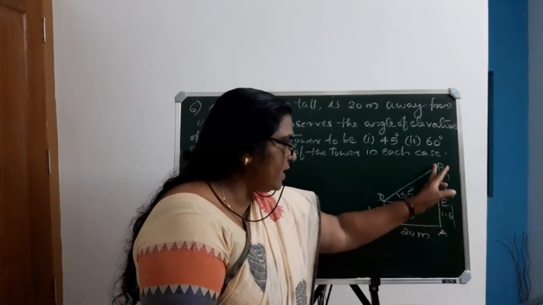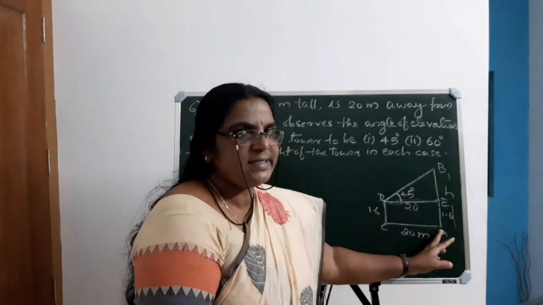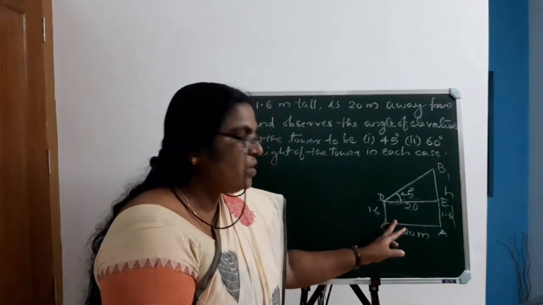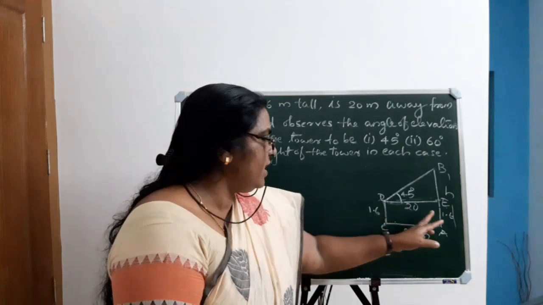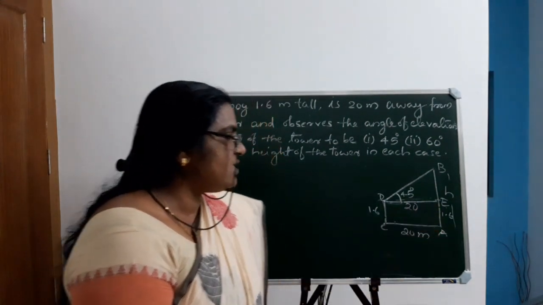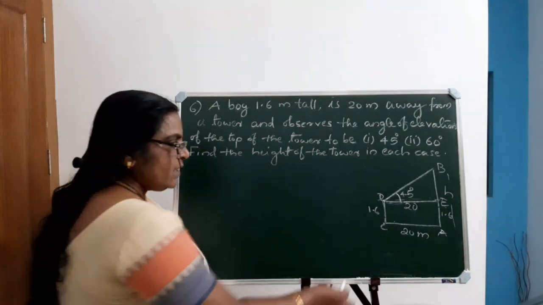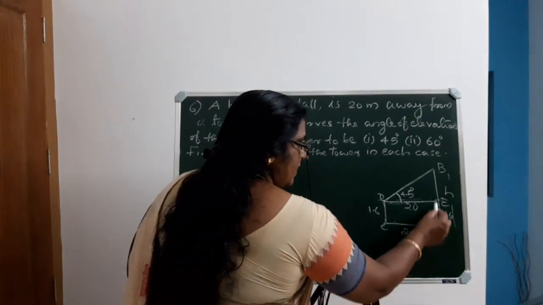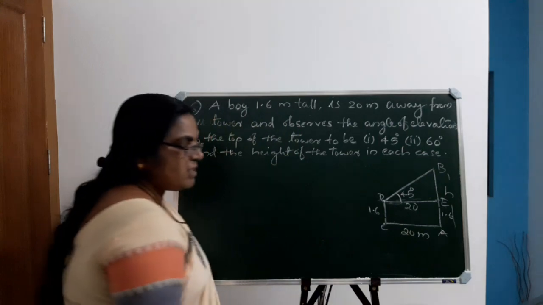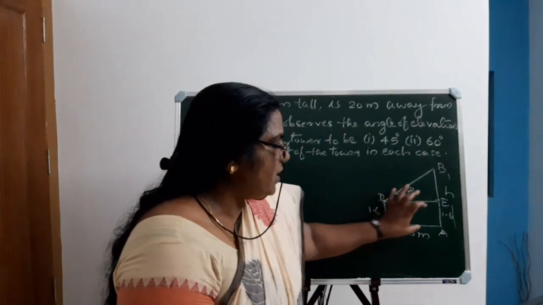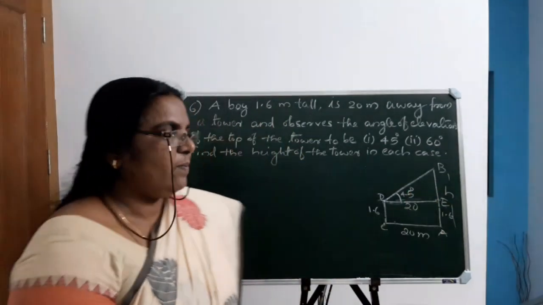Here it is a vertical tower, it is 90 degree and boy is standing, so this also 90 degree. Therefore all the angles are 90 degree, so it is a rectangle. So AC 20, so DE also 20. Opposite sides of rectangle are equal. Then CD 1.6, so AE also 1.6.